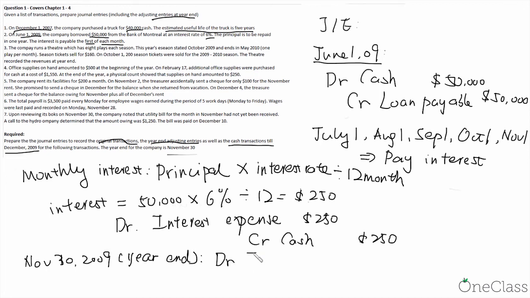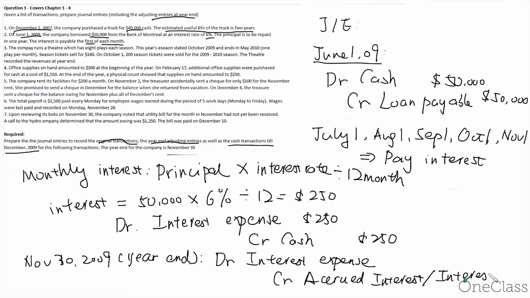So we debit our interest expense and we credit our accrued interest, our interest payable, of $250.